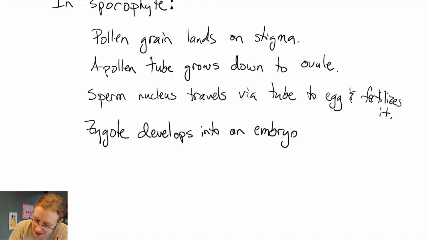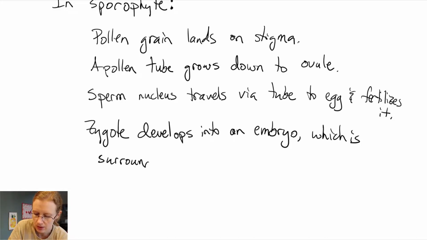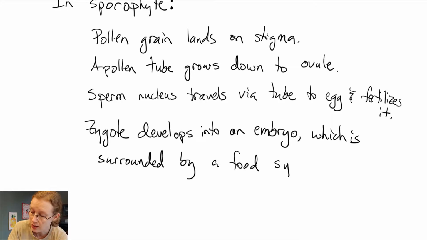And that embryo in the plant is surrounded by a food supply. That food supply is called an endosperm.